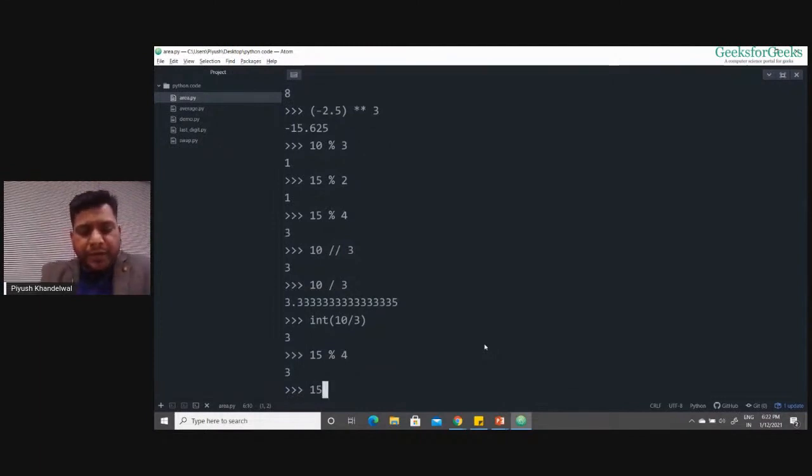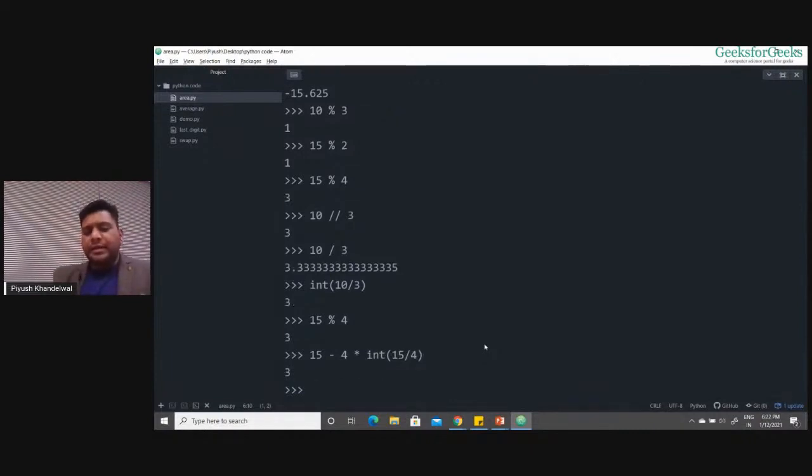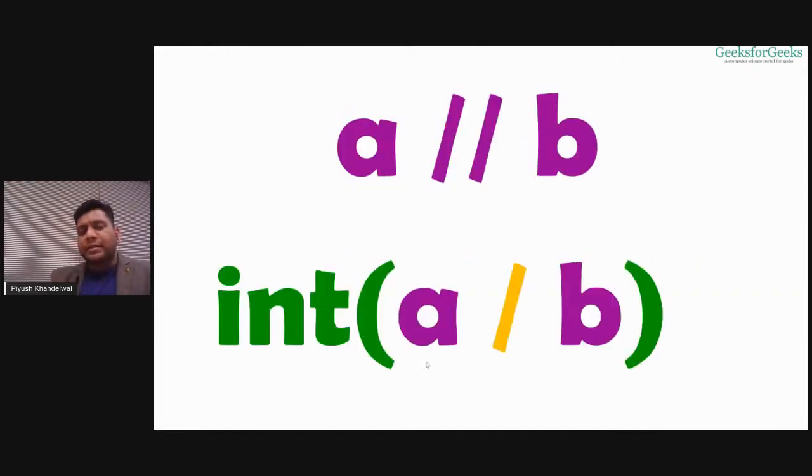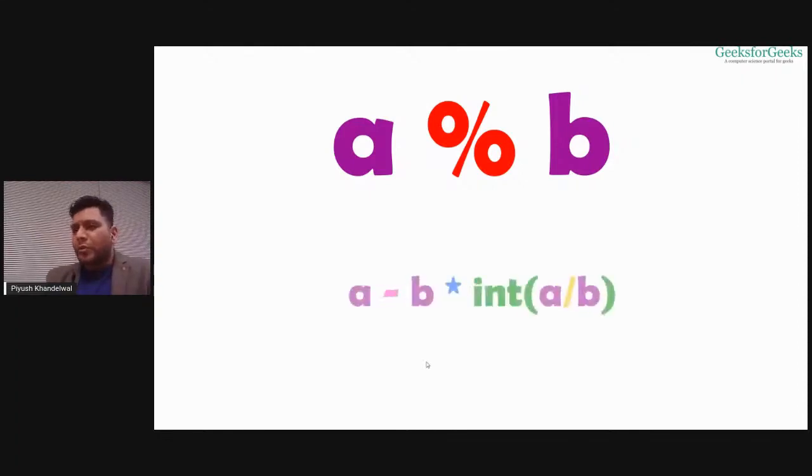And if I write 15 minus 4 multiplied by the integer value of 15 float division 4, you will see the answer is 3. So 15 mod 4 can actually be replicated with the help of this formula. So we have formulas to generate the results for the integer division and the modulus operator.